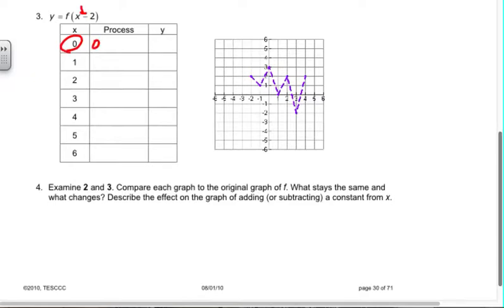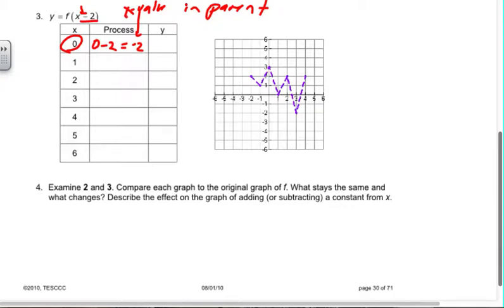This is going to be 0 minus 2, and this tells me the x value in my parent. Now, based on what we saw up above, when we had a +2, we moved 2 units to the left. We've got a negative here. You would think we will probably be moving 2 units to the right, but let's graph it and see.